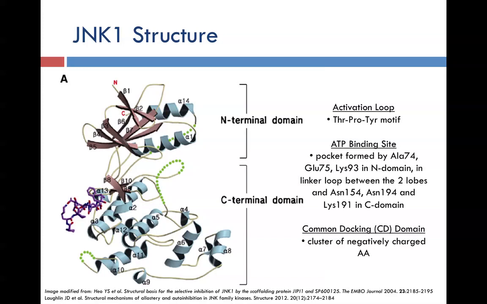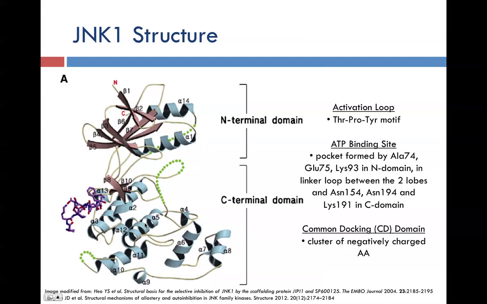The structural features that determine JNK specificity preference for different D motifs are currently unknown. Any substrate that binds to JNK1, whether it's JIP1 or a MAPK kinase, has something called a D motif, and this D motif binds to the CD domain, and that's how the two substrates bind together.